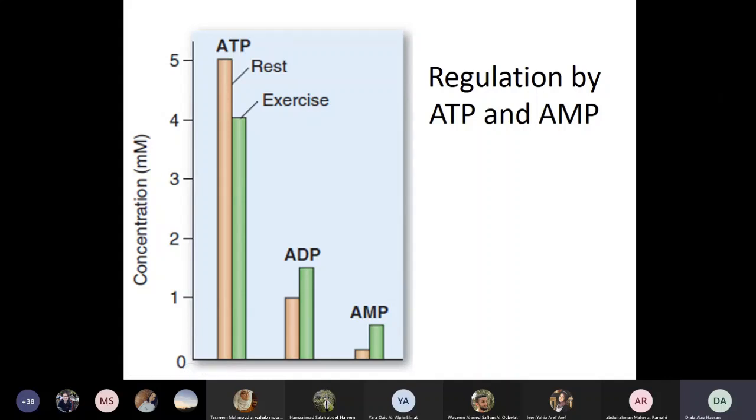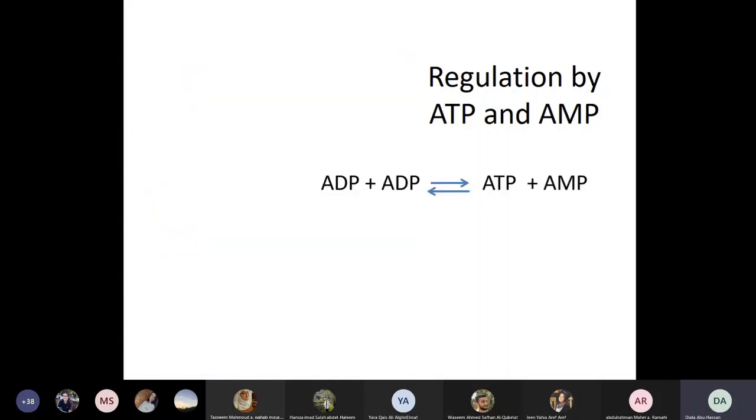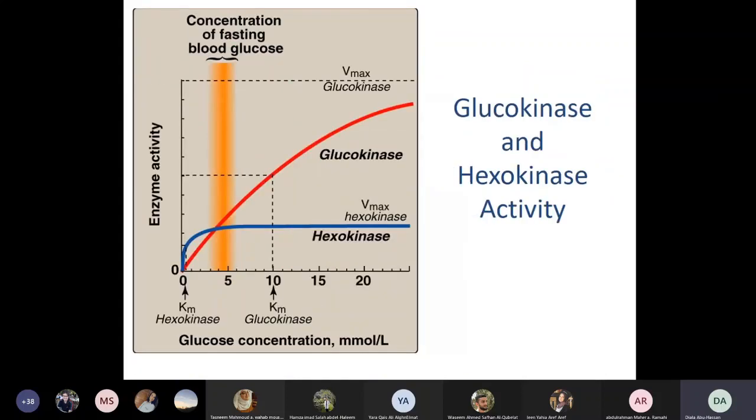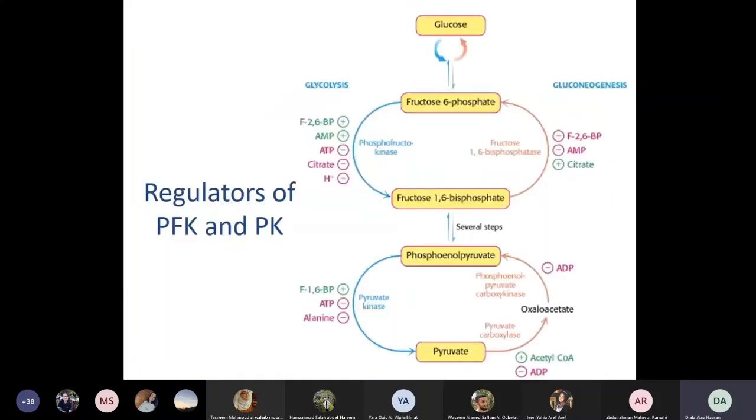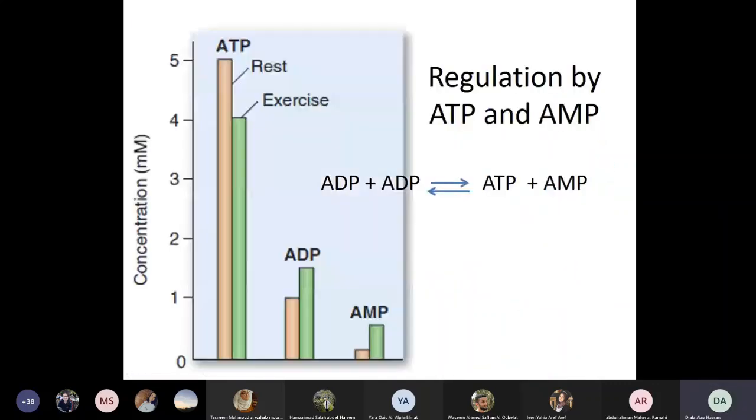Okay, this of course we connect to the figure here that talks about the regulators, which are AMP and ATP right here, but more specifically for phosphofructokinase since it responds to both AMP and ATP. So whenever we have a high concentration of ATP, so it reflects the high energy state, this would inactivate the enzyme.